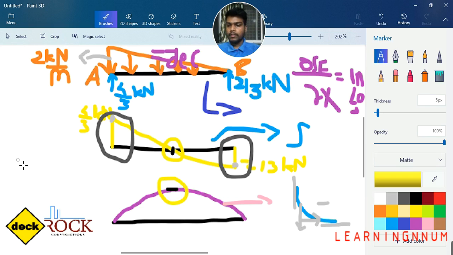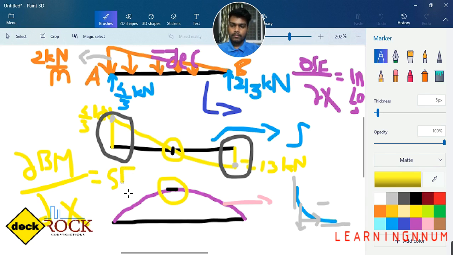Again the same relationship between the slope of bending moment and the variation of shear force in the AB region: slope of bending moment equals shear force.